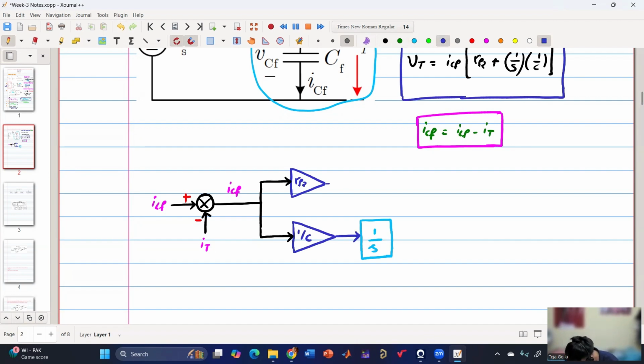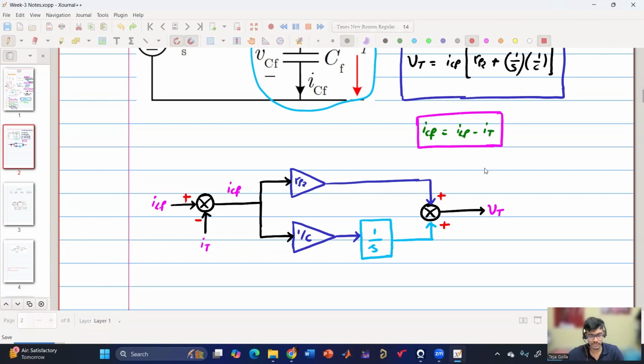Now these need to be summed. The output is VT, and this is plus, this is also plus. Is this clear for everyone, how we got this?